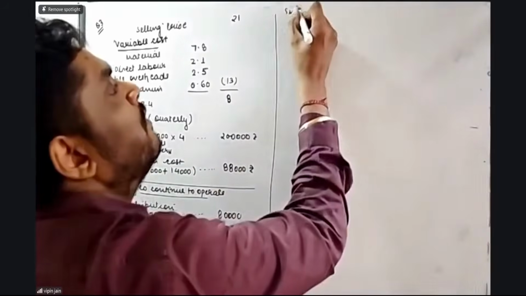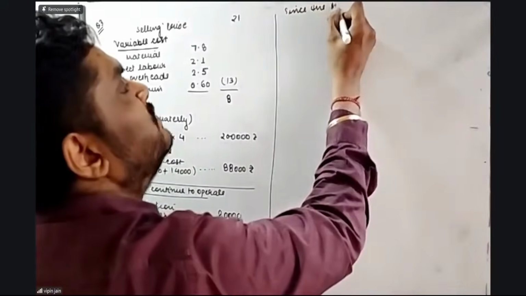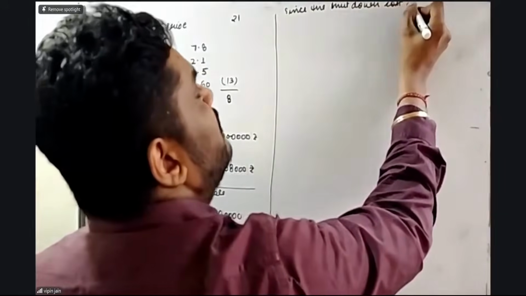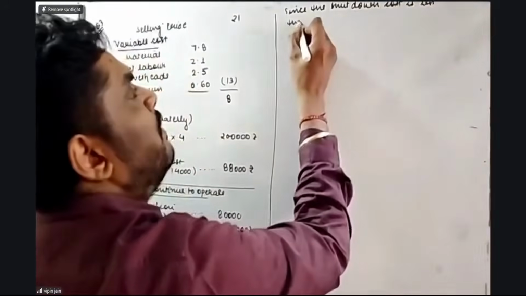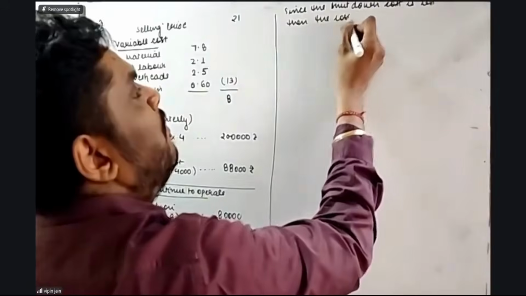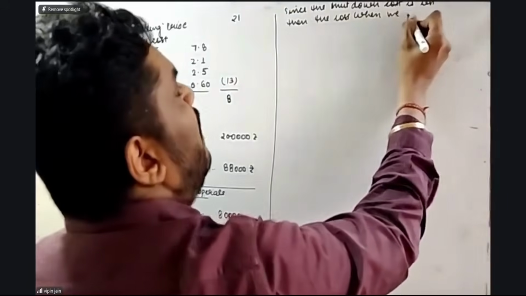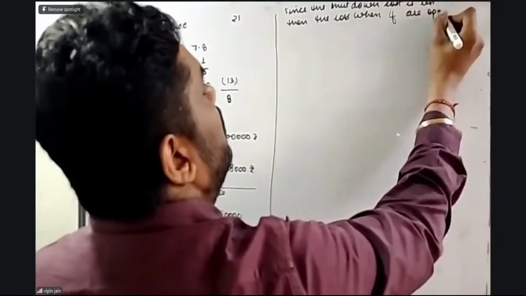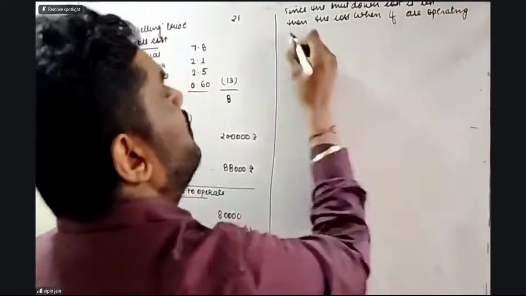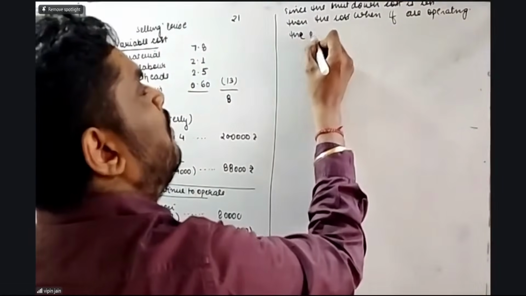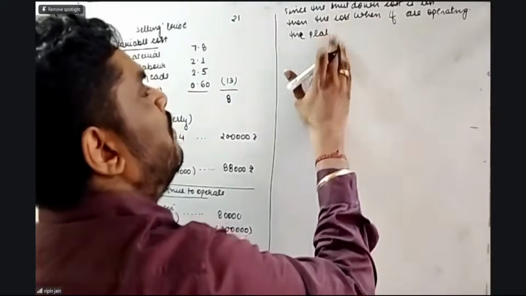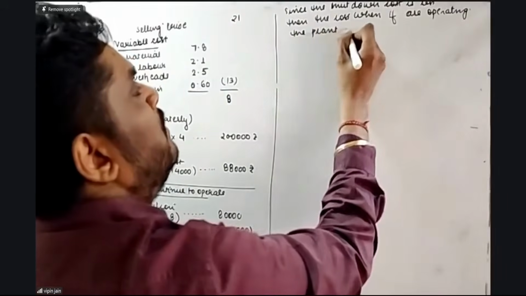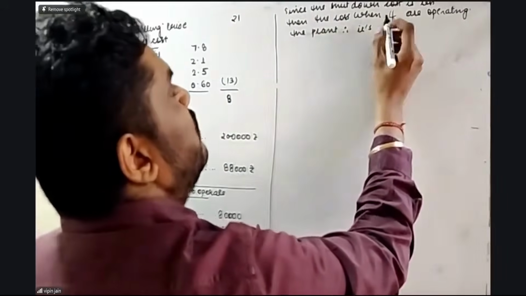So since the shutdown cost is less than the loss if we are operating the plant, therefore it's better to shut down.